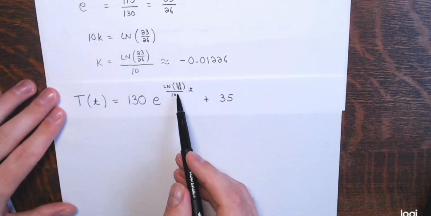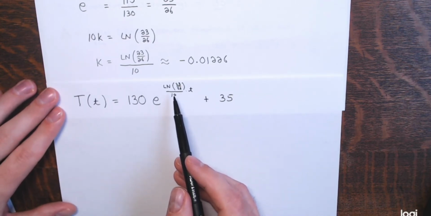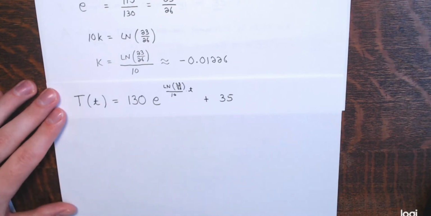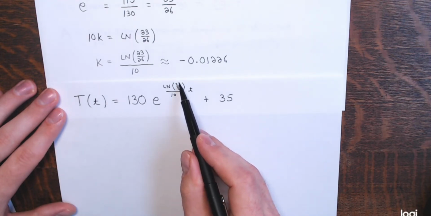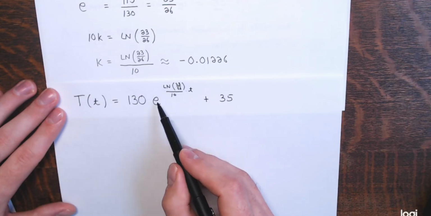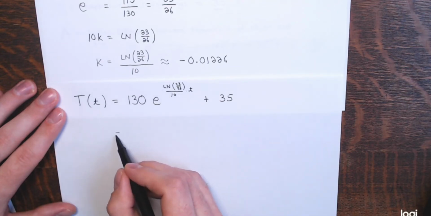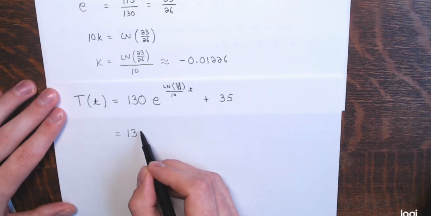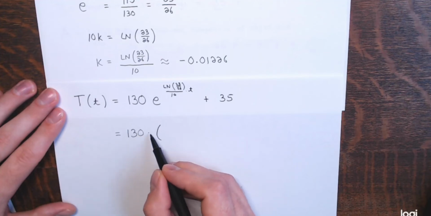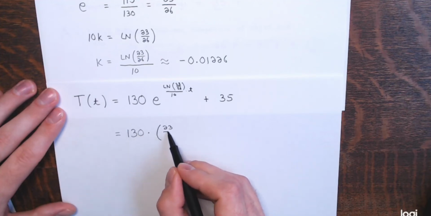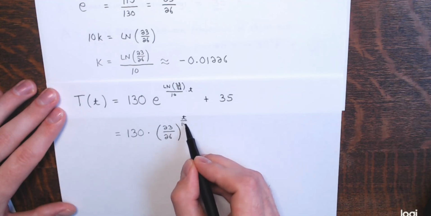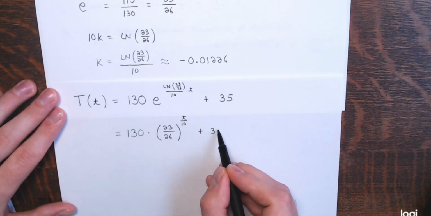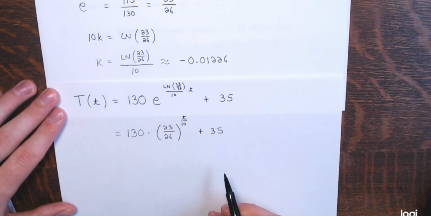And then you saw me do this in the last video. If you watched that last video from section 6-7 on modeling exponential growth and decay, this t divided by 10, I can put that inside using the power rule, make this 23/26 to the t over 10 power, and then use the inverse rule to undo the exponent and log, and make this 130 times 23/26 to the t over 10 power, and then plus 35. So this is all fine.